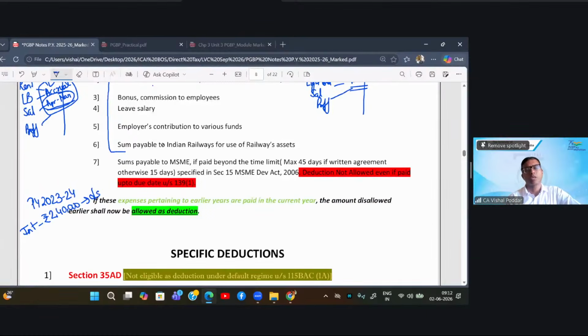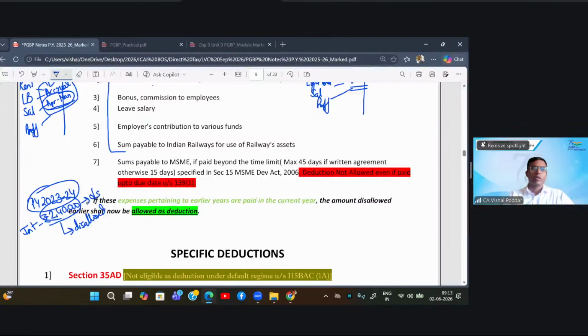So because of some shortage of money, you could not pay the bank's interest. Now, what would have happened? This amount was disallowed to you in the previous year 23-24 working. That is, in the previous year 23-24, you would have added this amount in the reconciliation statement.